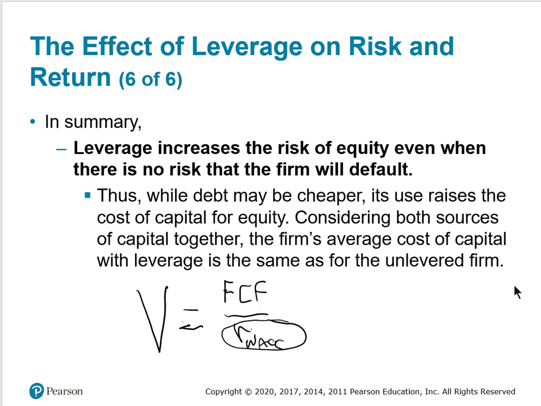But what is affected by financing is this weighted average cost of capital. And in this perfect capital market, what we're ultimately saying is that the cost of capital does not change when you change the capital structure of the company.